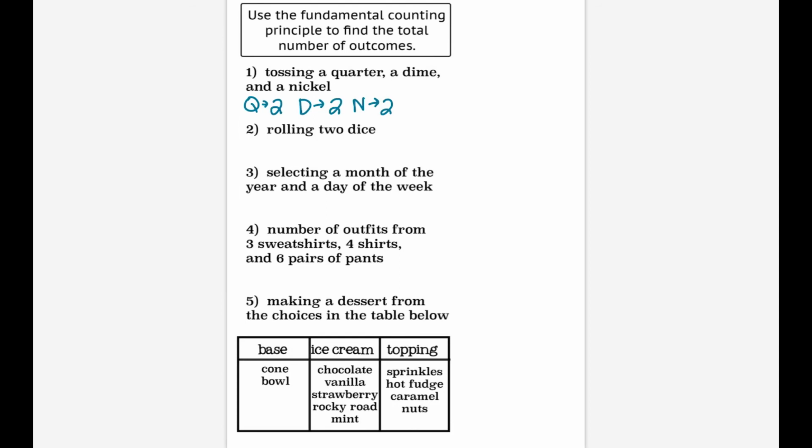So, using the fundamental counting principle, 2 times 2 times 2 is 8. Okay, what about rolling 2 dice? So for the first, you have 6 outcomes. For the second, you have another 6 outcomes. So 6 times 6 is 36 possible outcomes.